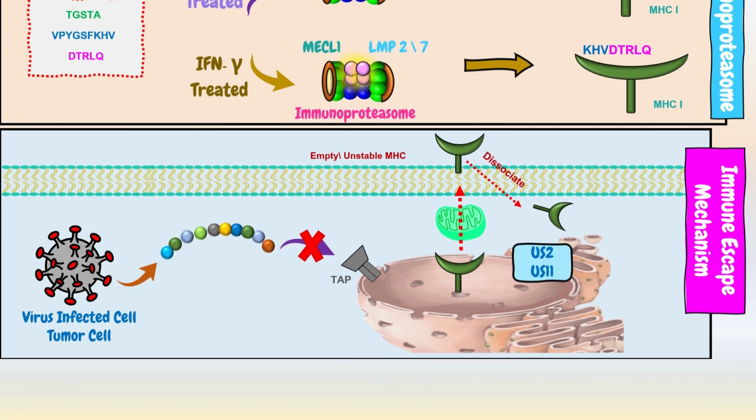Now let's have an overview of central and peripheral tolerance. Since many endogenous self-peptides are presented by MHC1 molecules to T cells, two major mechanisms exist to prevent autoreactivity. First is central tolerance.